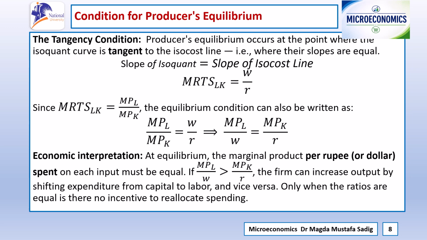Condition for producer's equilibrium. This slide contains the most important result of today's lecture. Producer's equilibrium occurs where the isoquant is tangent to the isocost, just like this. This is K and this is L, and this is the isocost and this is the isoquant. So the tangency point represents the producer's equilibrium point.